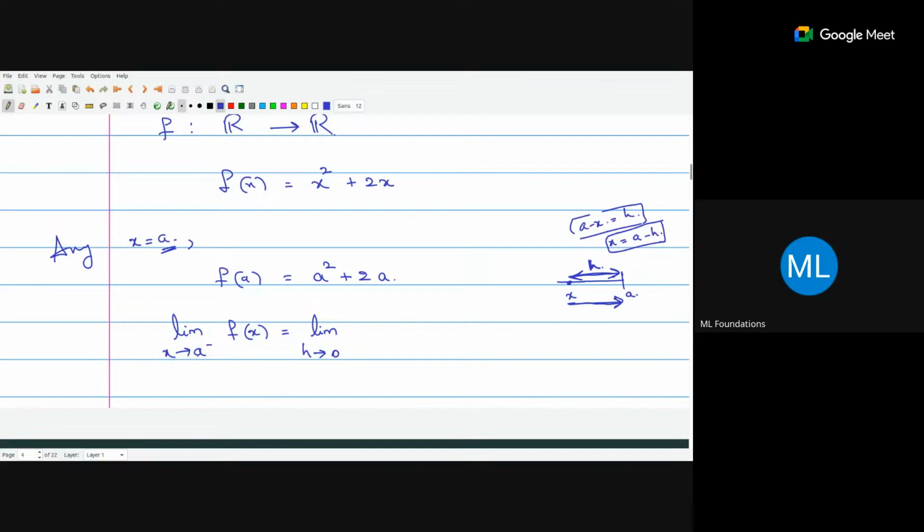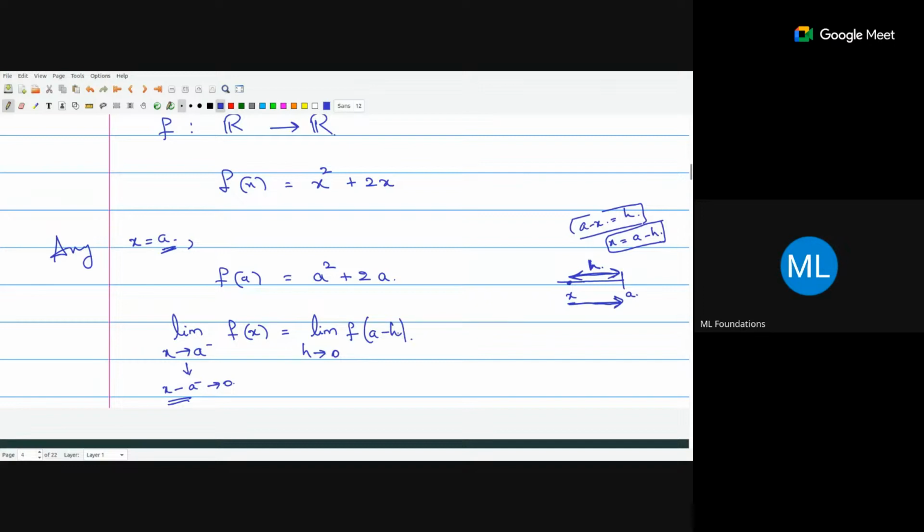So instead of x tending to a minus, I will write h tending to 0. x minus a, as x tends to a minus, is nothing but the difference between x and a, that is h, and in place of x I will substitute f of a minus h.